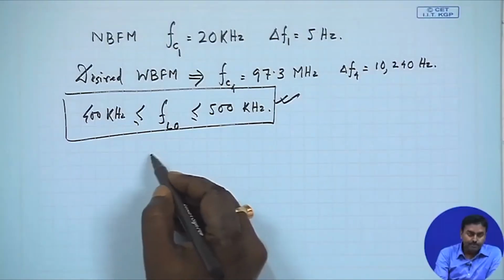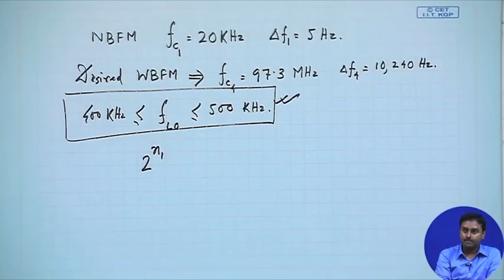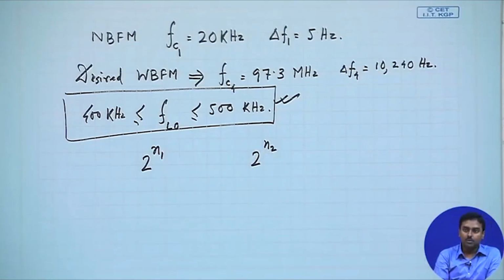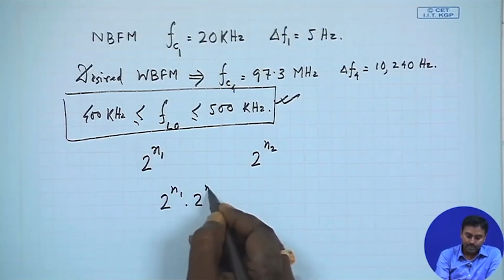Okay. So, with the 2 stages, let us say in the first stage we have 2 to the power n1 and in the next stage we have 2 to the power n2. So, overall multiplication will be 2 to the power n1 into 2 to the power n2.